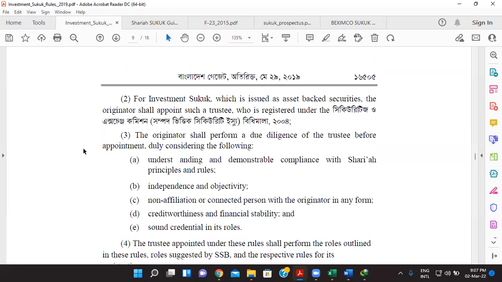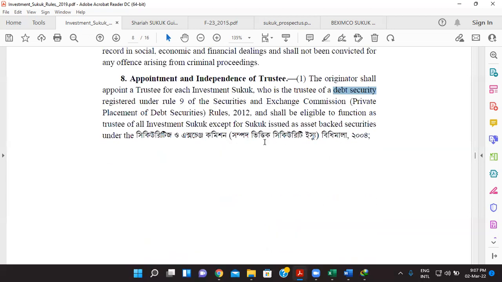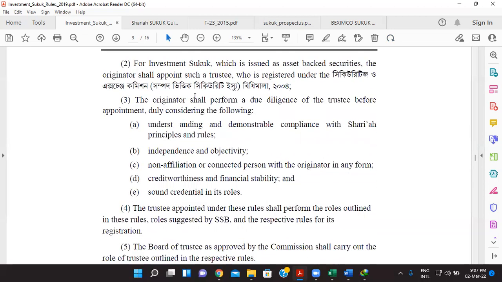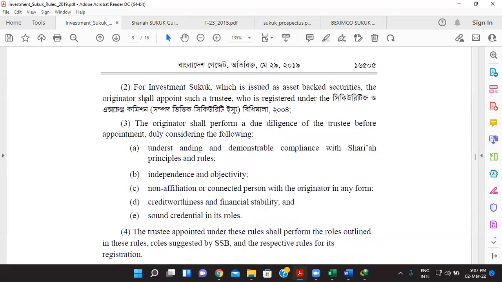In case of asset-backed securities, what has been said? For investment Sukuk issued as asset-backed securities, the originator shall appoint such a trustee who is registered under the Securities and Exchange Commission asset-backed security issue guidelines 2004.